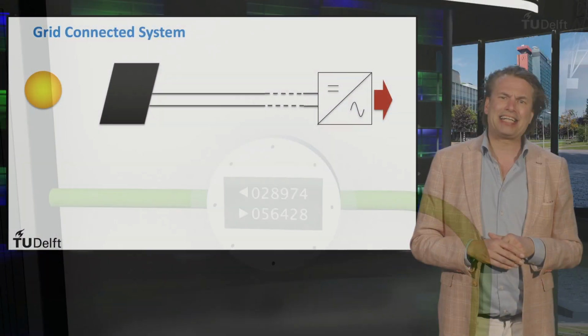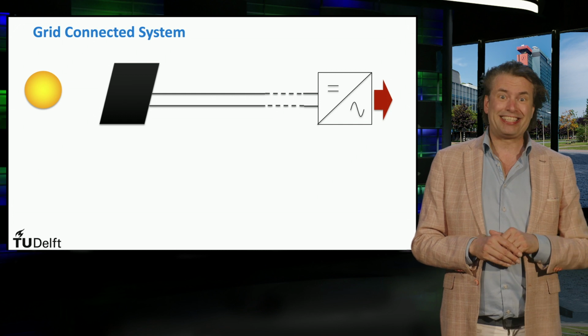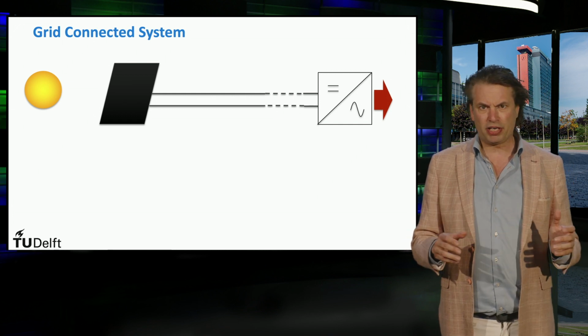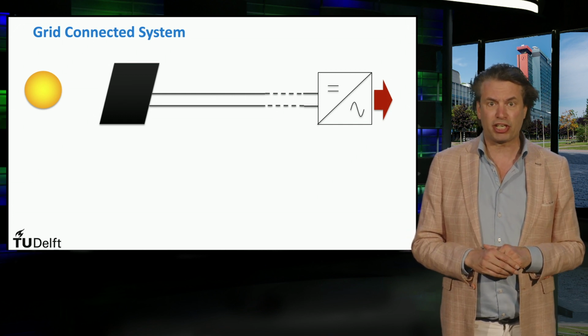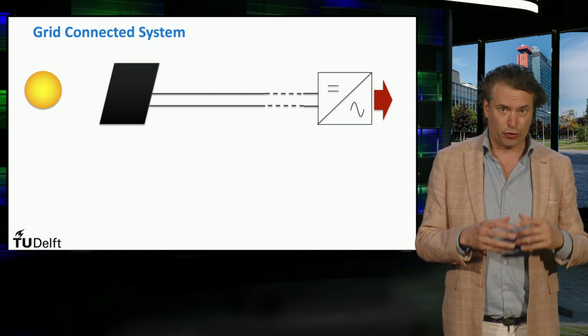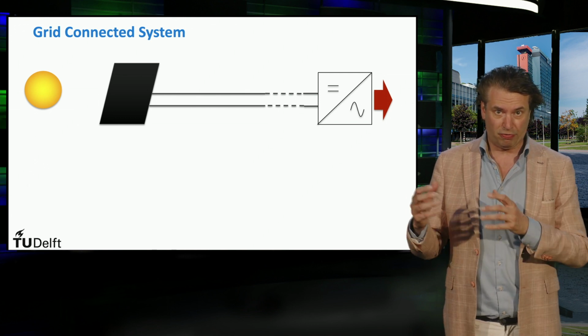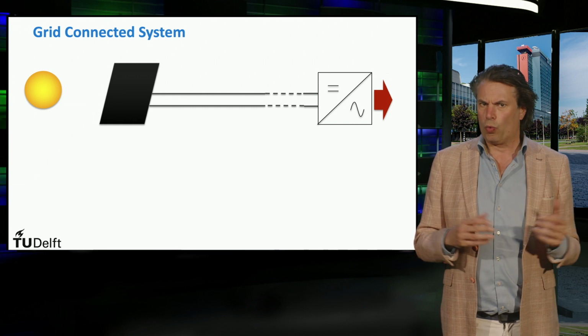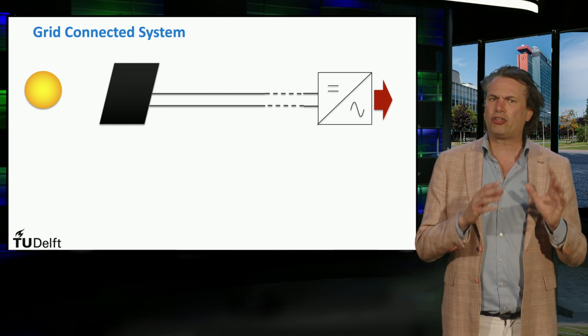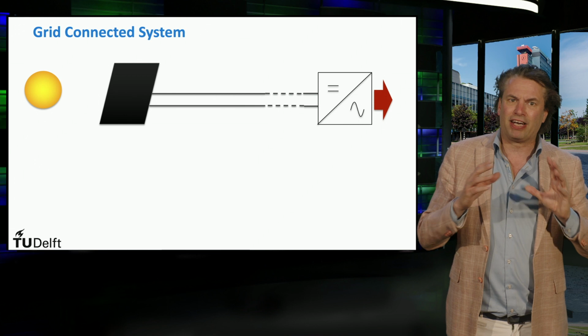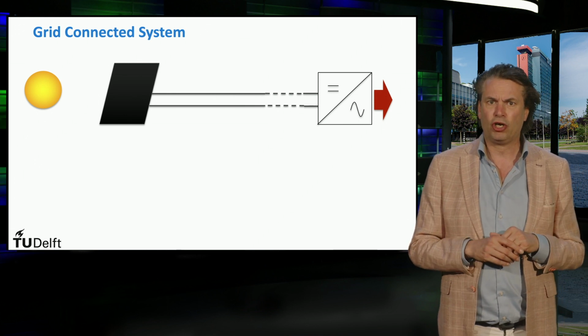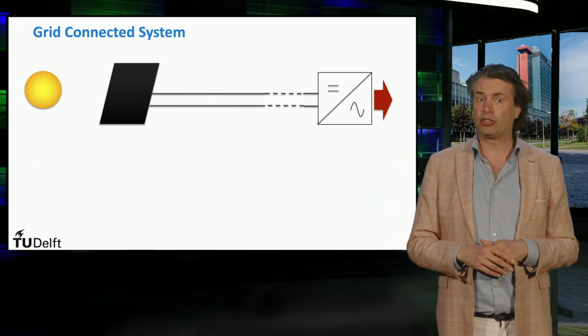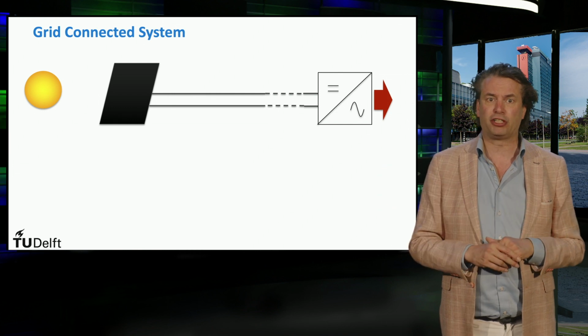Now we will look at the important concept of system efficiency. We know that PV modules could be as much as 20% efficient in converting the incoming irradiance into PV power. We have also seen how the rest of the system components have less than 100% efficiency. So what can be said about the overall system efficiency?